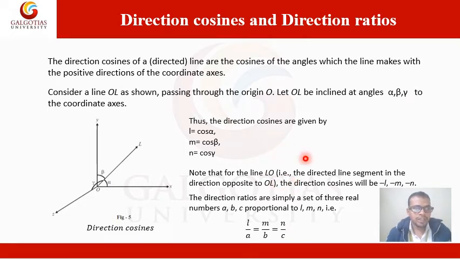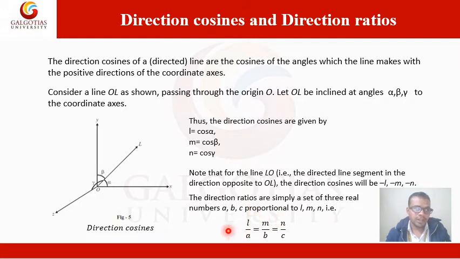So the direction ratios are simply a set of three numbers A, B and C. They are proportional to your direction cosines respectively.